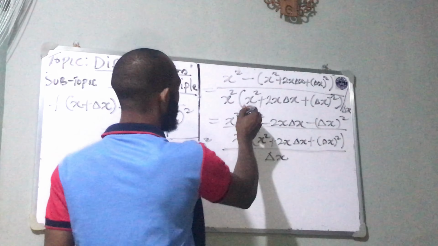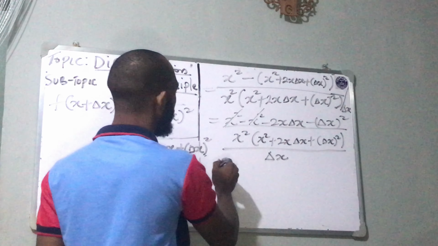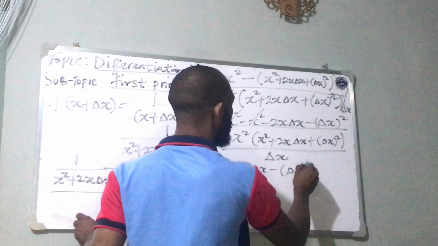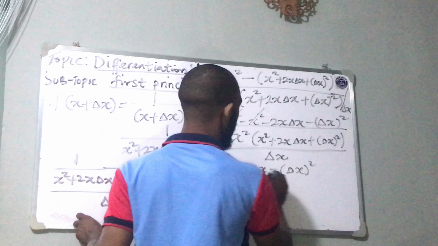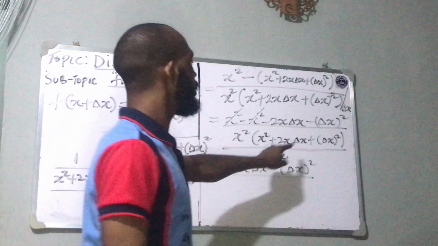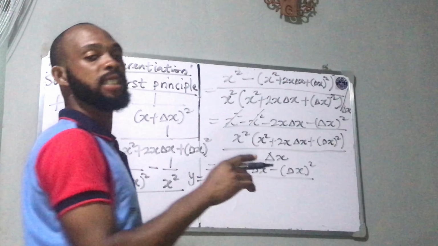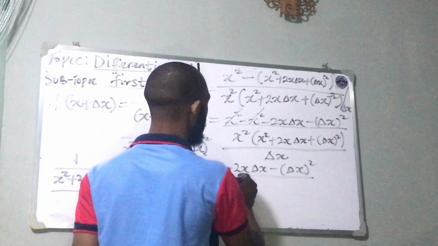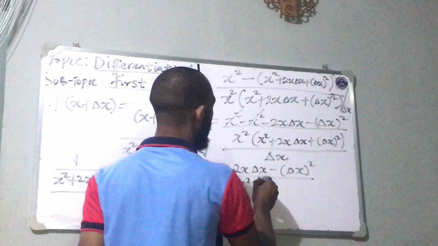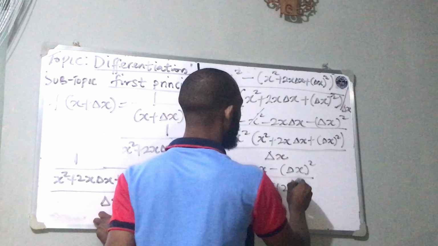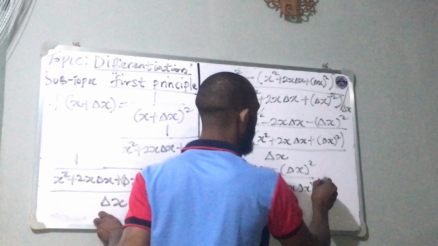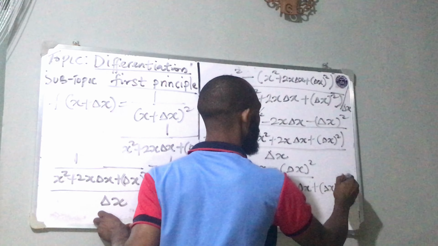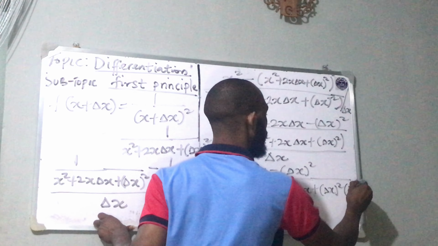Now, this and this can go, so I'm left with minus 2x change in x minus change in x all squared over, of course this is divided by change in x over 1. So once I change it 2 times, it becomes 1 over change in x. So this change in x will multiply this. So I have something like this, x squared plus 2x change in x plus change in x squared, then times my change in x.